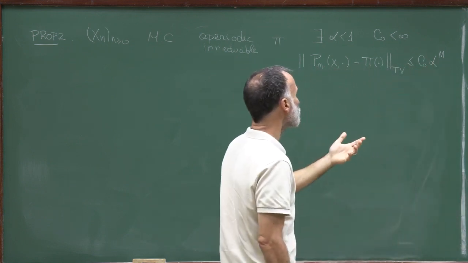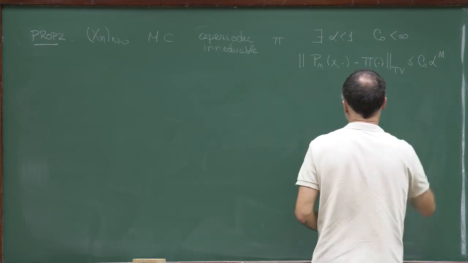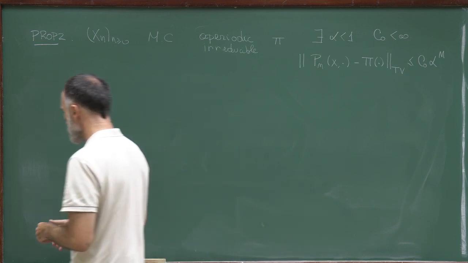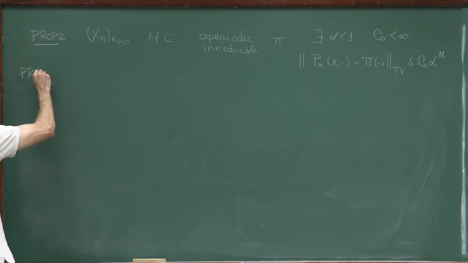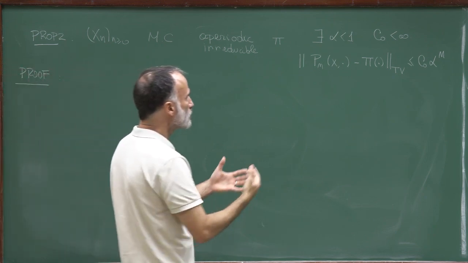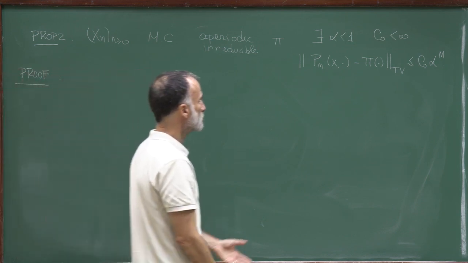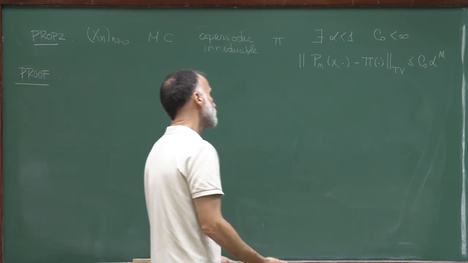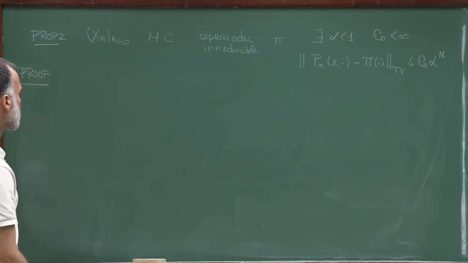Therefore, you know it converges to 0, but you don't have a bound on alpha. This proposition doesn't provide a bound on alpha. So let's prove this result. Theoretically it's important, you know that it converges in this distance, but you don't have an explicit formula or an explicit bound for alpha.